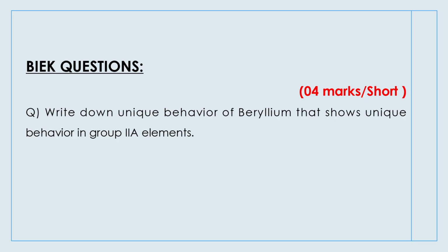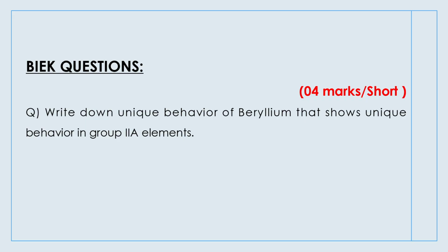Make sure that when you are attempting this question, if you want, you can also make headings. You can also write this in paragraph form or in the form of bullets. It's completely up to you and your creativity how you want to attempt this question. But make sure that when you attempt it, all the contents that I have shared with the keywords must be mentioned in the answer.